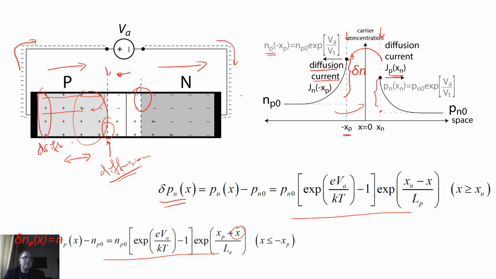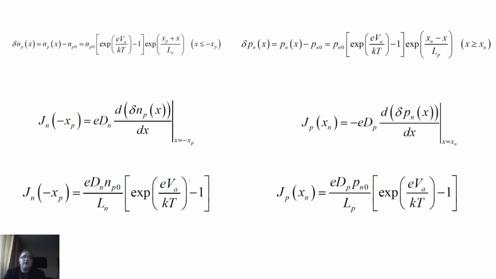We are interested again in the edge of the space charge region. So there we can calculate what are the diffusion currents. So the diffusion currents are given by the diffusion coefficient, the electron charge, sometimes noted with Q, sometimes as E, a question of notation, and the derivative of the excess charge.